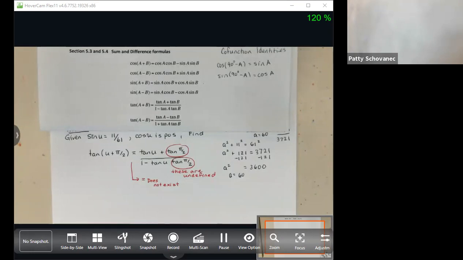Okay, so this one has a pi. So this one would work. Let's see. How do I find one that doesn't work? Ugh! I don't know. I don't know what to tell you.